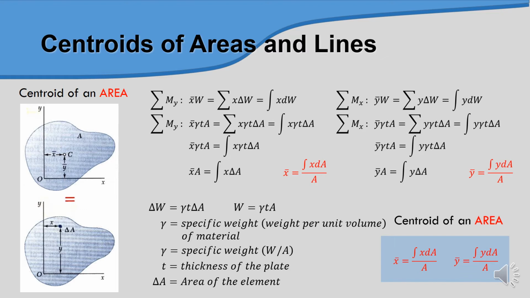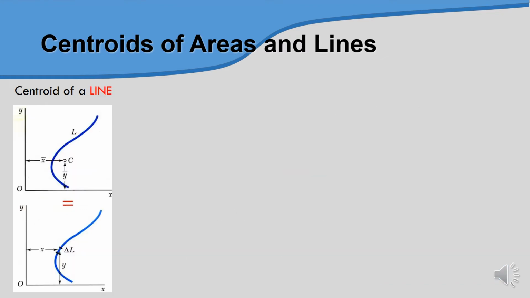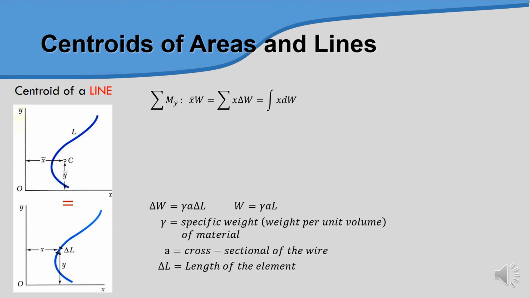If we look at the centroid of a line, we substitute the weight force by this value, whereby delta W is equal to gamma A delta L, where A and delta L are the cross-section of a wire and the length of the element respectively.